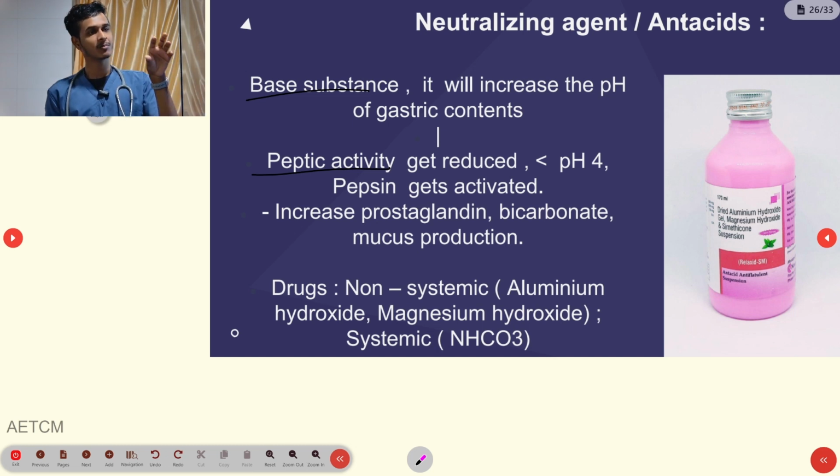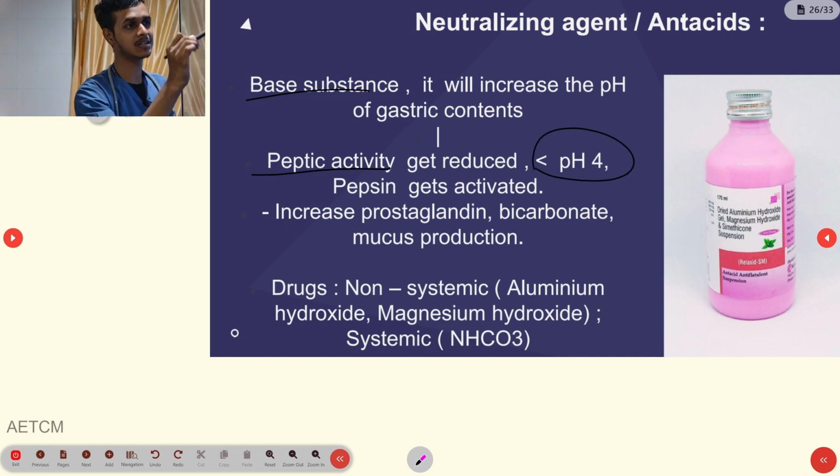Why? If pepsin wants to be in an active state, it needs a pH of less than 4. Whenever you give a base substance, it will increase your pH, thereby your pepsin activity will reduce. That is the action of your antacids.